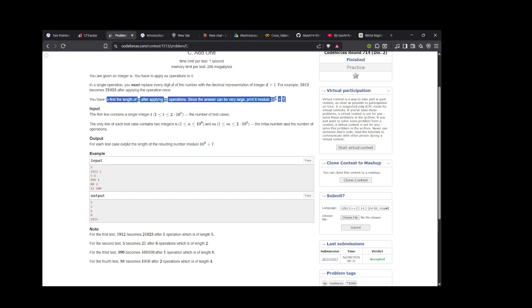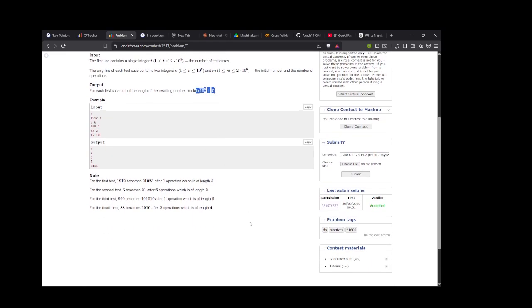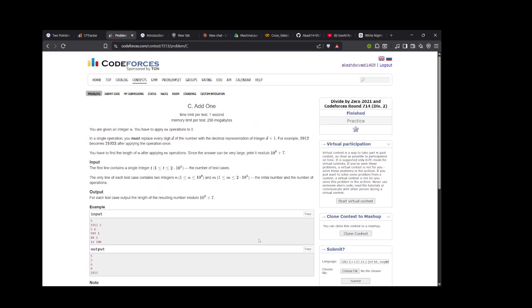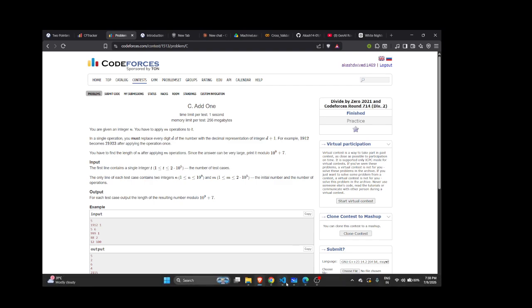Okay, we need to print the length of the resulting number modulo this value. So I think we have understood. Now we should move to the coding part.